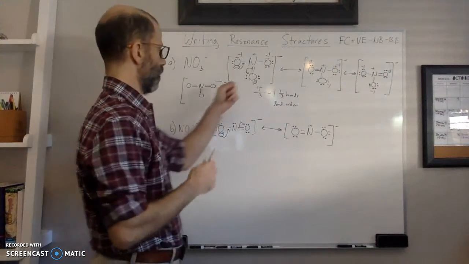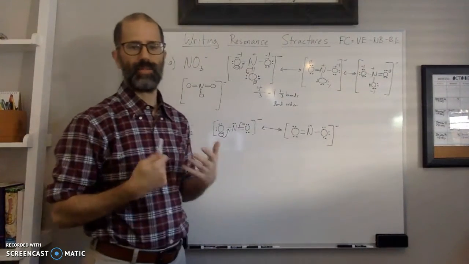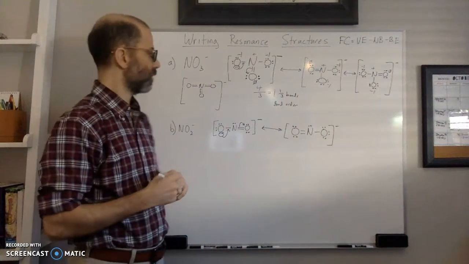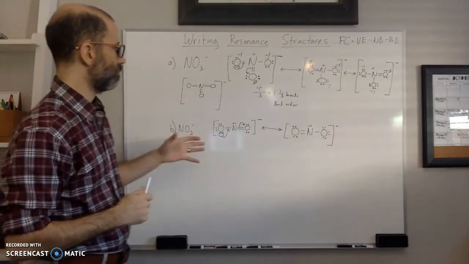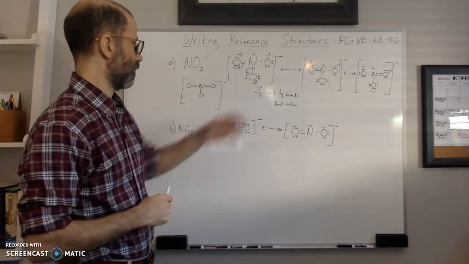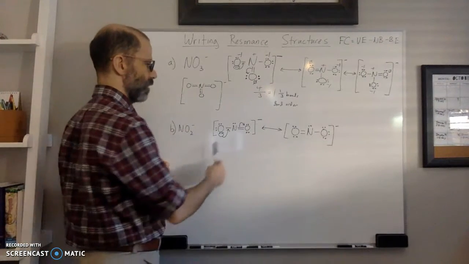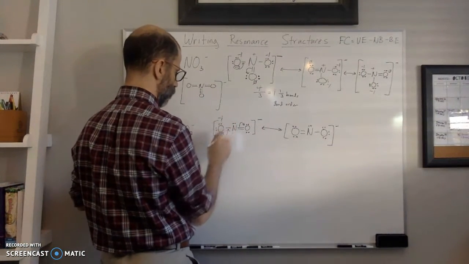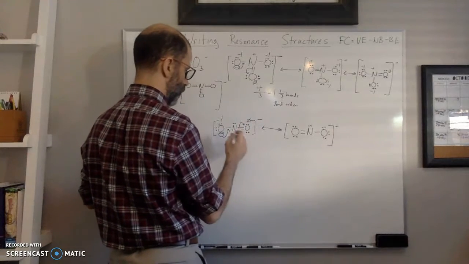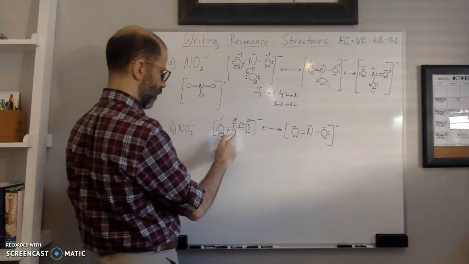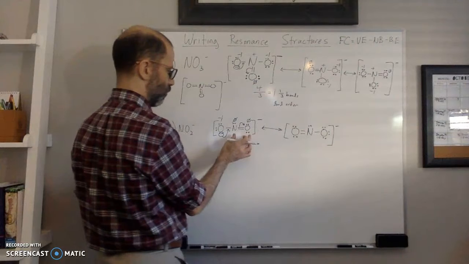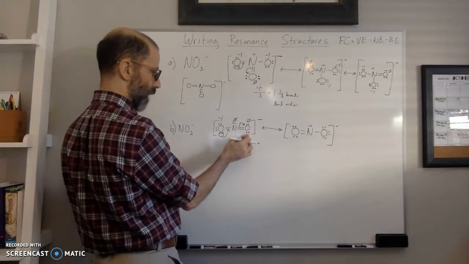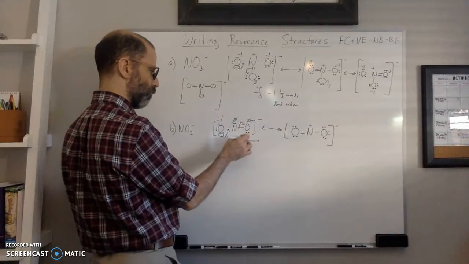So you'll notice that all of the resonance structures have the exact same total formal charge, and also the same number of electrons. Here, same thing. Here you have -1, and here you have 0 formal charge, and here you have 0 formal charge. And notice that they follow the bonding pattern. The ones that are 0 formal charge follow the bonding pattern that is typical for that atom.